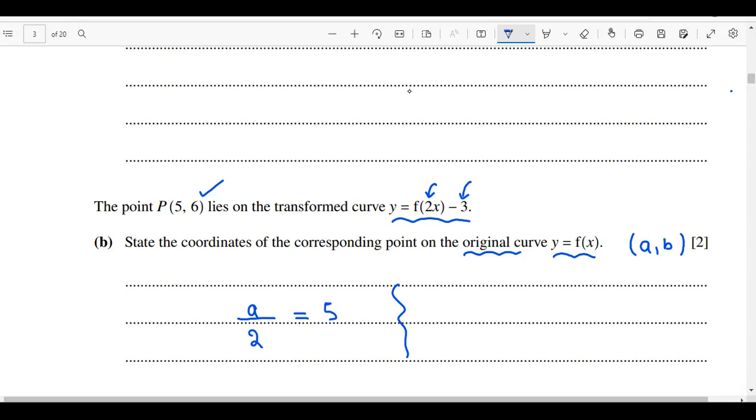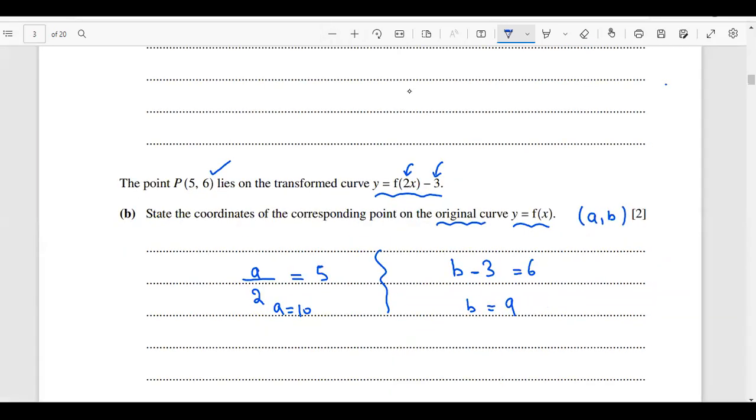And for B, we know B minus 3 gave you 6. So A is going to be 10 and B is going to be 9. If you are finding this difficult, you can do it through this method. We only have two transformations: one is translation, the other one is stretch. When something is being multiplied with the function or x, it would be a stretch.